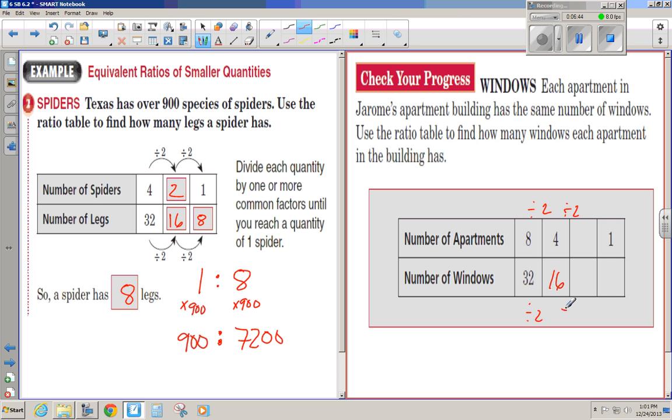Divide by 2, we get 2 and 8. Continue to divide by 2. Basically, we are reducing this fraction, 8/32, all the way down to 1/4. So every apartment has 4 windows.